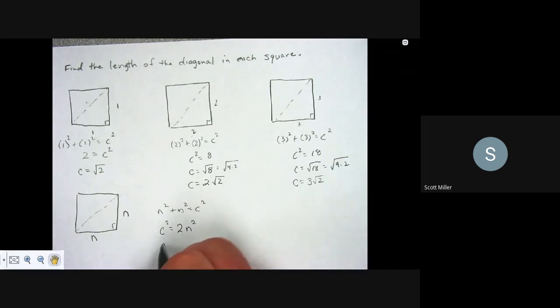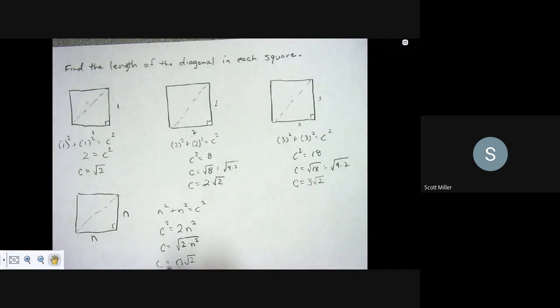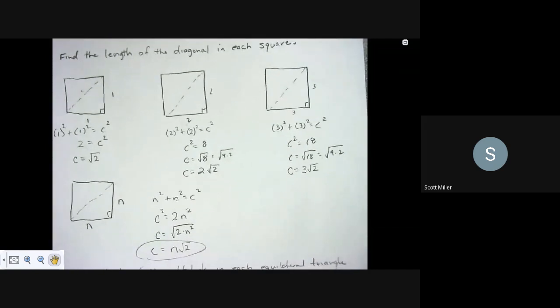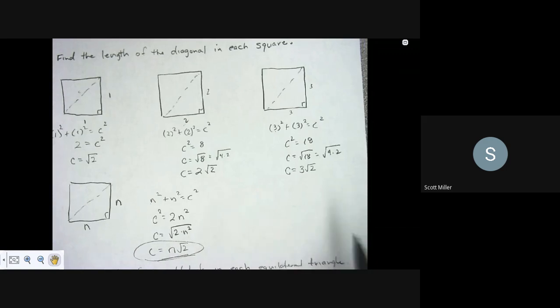When I square root both sides, I get the square root of 2 times n squared. The square root of n squared is n, that's where the side length comes in, and then I'm left over with the square root of 2. And so that's where that comes from. This gives us a pattern that we can now use for any square and saves us from having to do the Pythagorean theorem all the time if I know it's a square.